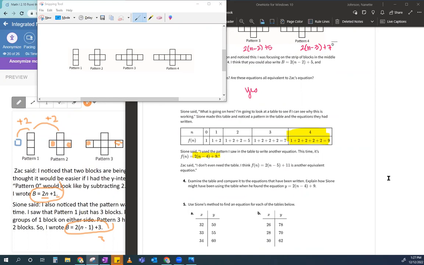Yeah, it's your slope. Very good. So this is your slope. So if you look at this, would you be able to find the slope? Everyone says, yes, I know how to find the slope, Ms. Johnson. Very good.